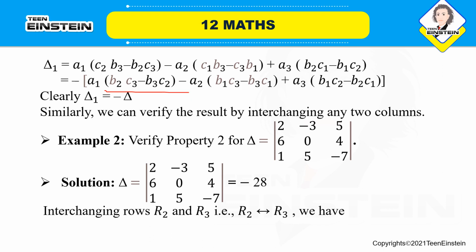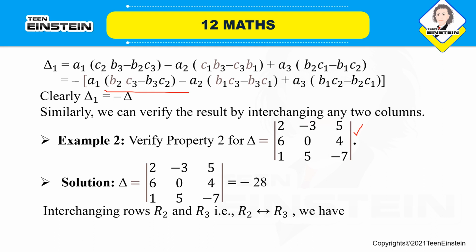Next, we see one example for property 2. Verify property 2 for delta equal to the given determinant: 2, minus 3, 5; 6, 0, 4; 1, 5, minus 7. This is of order 3 as there are 3 rows and 3 columns, right? Already we have found the value of this determinant in example 1.